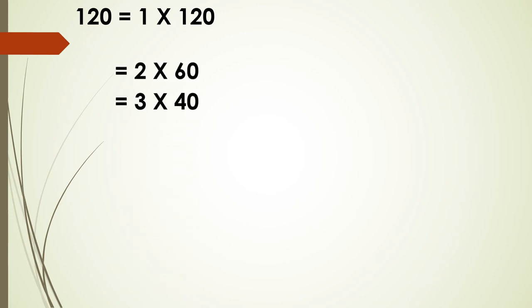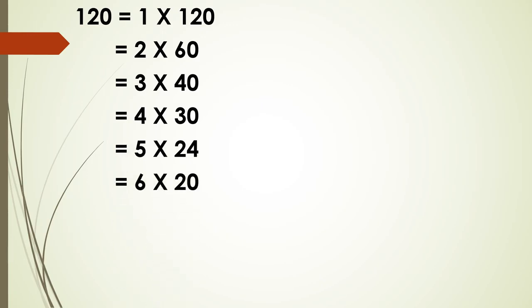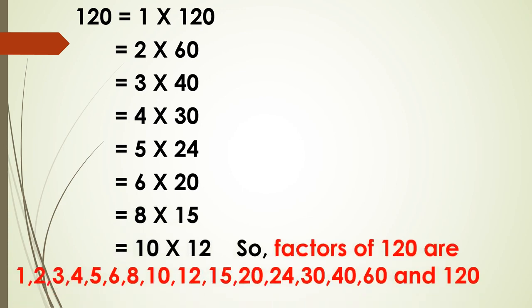Now we will find out the factors of 120. They are many in number. 1 multiplied by 120, 2 multiplied by 60, 3 multiplied by 40, 4 multiplied by 30, 5 multiplied by 24, 6 multiplied by 20, 8 multiplied by 15 and 10 multiplied by 12.